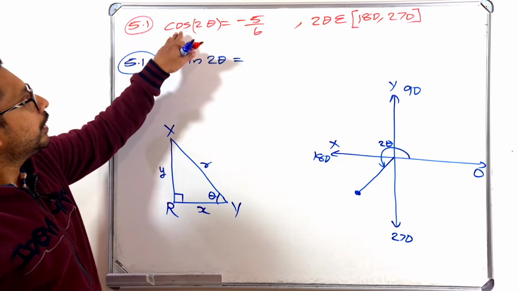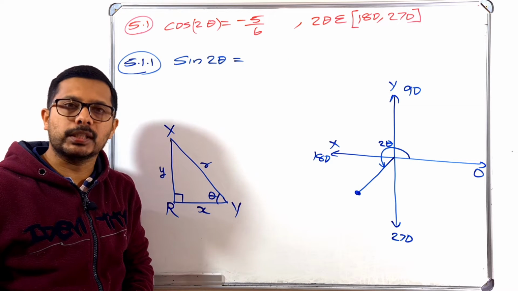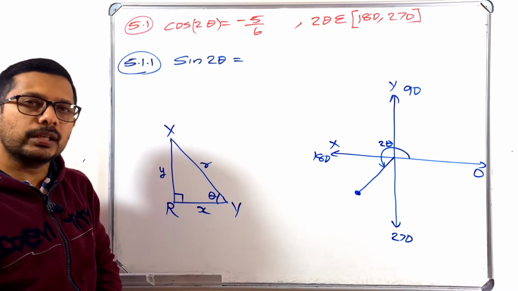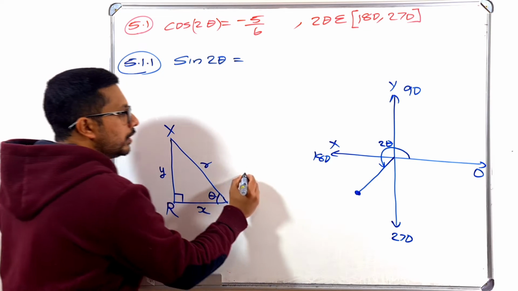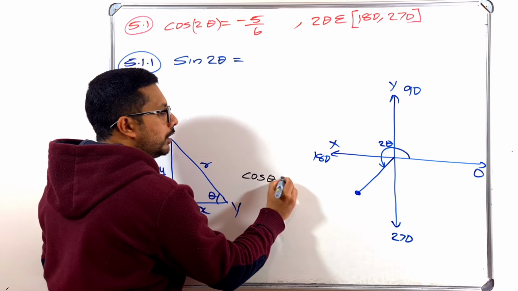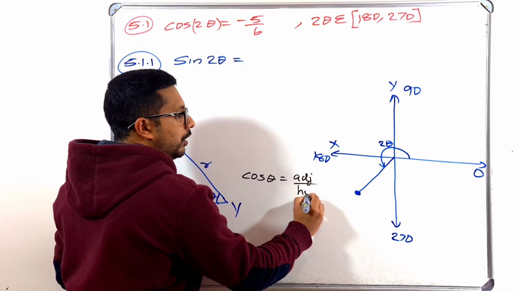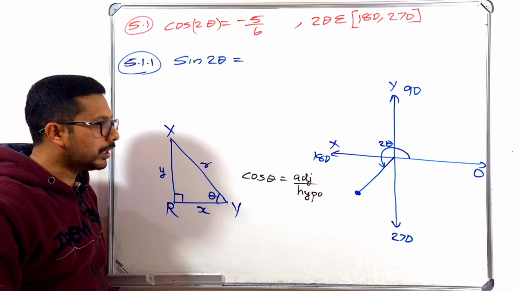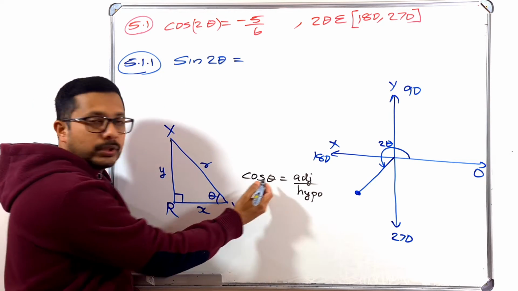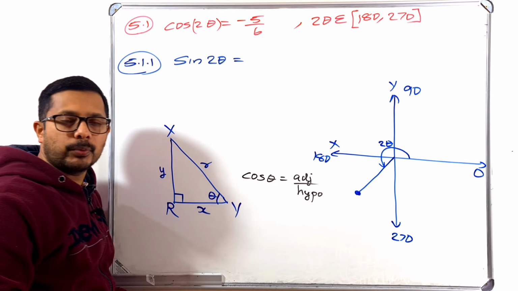Now it is given that cos 2 theta is minus 5 over 6. What is the definition of cos you studied? Cos theta is adjacent side by hypotenuse. Do you remember in grade 10 you studied cos theta, where theta or 2 theta doesn't matter, that's the angle. Adjacent side by hypotenuse.